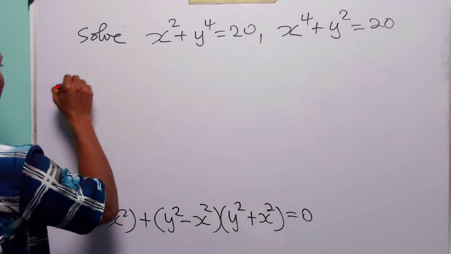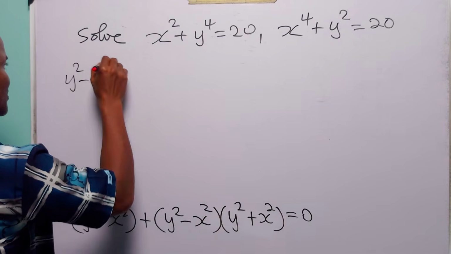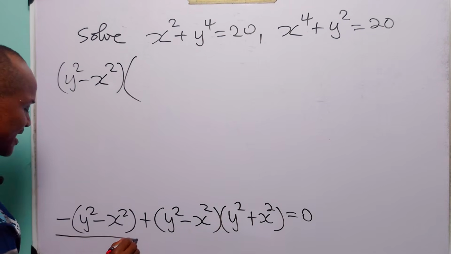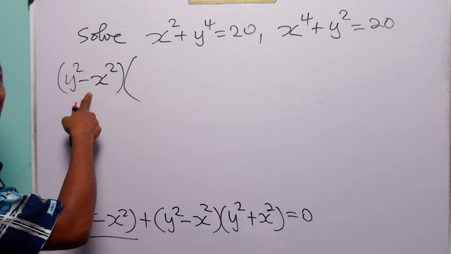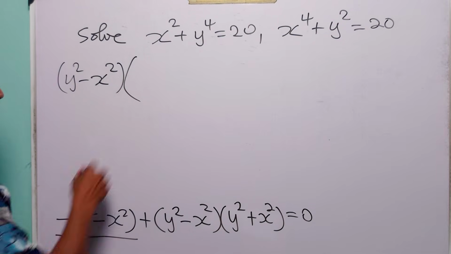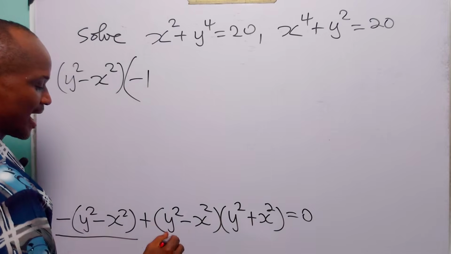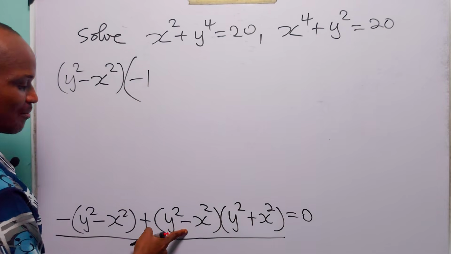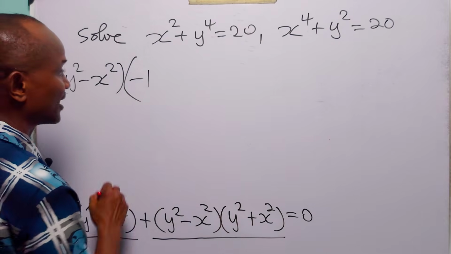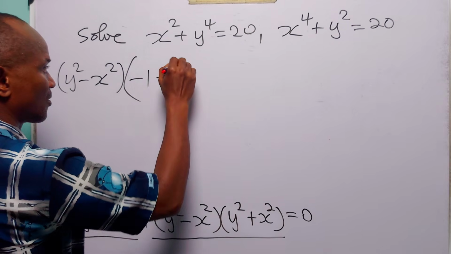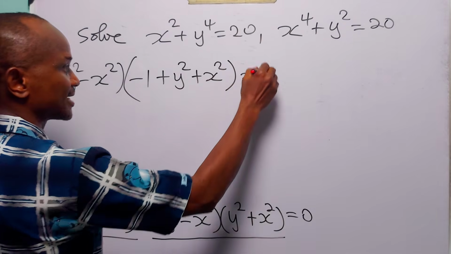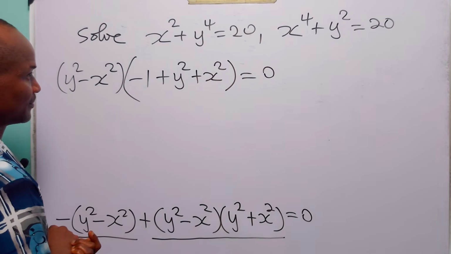We have y squared minus x squared. Now, when you divide this term by y squared minus x squared, of course, you have minus 1. And when you divide this term by y squared minus x squared, you are left with y squared plus x squared, and this is equal to 0.